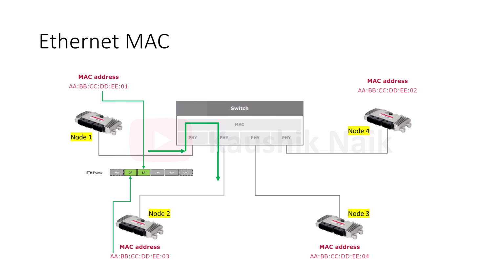Then the switch routes the data to node 2 via the data link layer based on the MAC addresses. This is how Ethernet communication happens at the data link layer. If you notice, an Ethernet switch routes the data based on the MAC addresses, so it is a device which operates at layer 2.